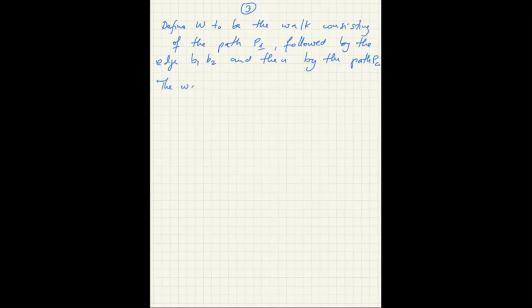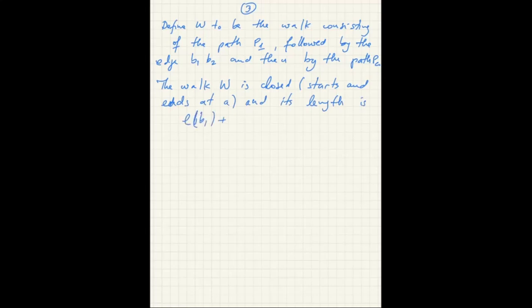The walk W is closed because it starts and ends at A, and its length is LB1 plus 1 plus LB2, which is odd.